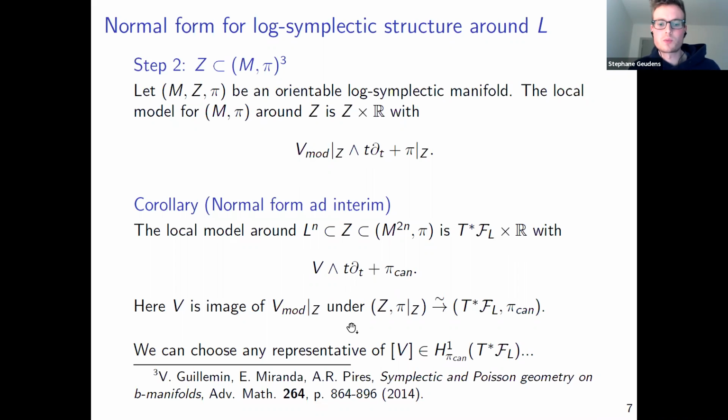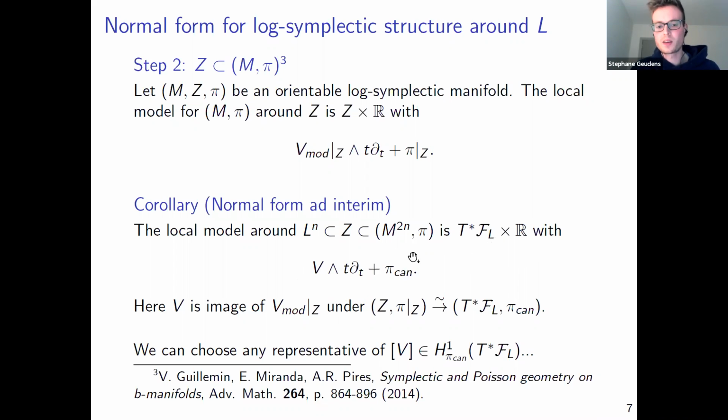And this Poisson diffeomorphism takes this modular vector field to wherever it takes it. Let's call it V for now. So the log-symplectic structure around L looks like T*F_L times R with this thing, which is not very satisfactory, because a normal form should only involve data that is canonical or that comes from the Lagrangian L, and this V has little to do with L.